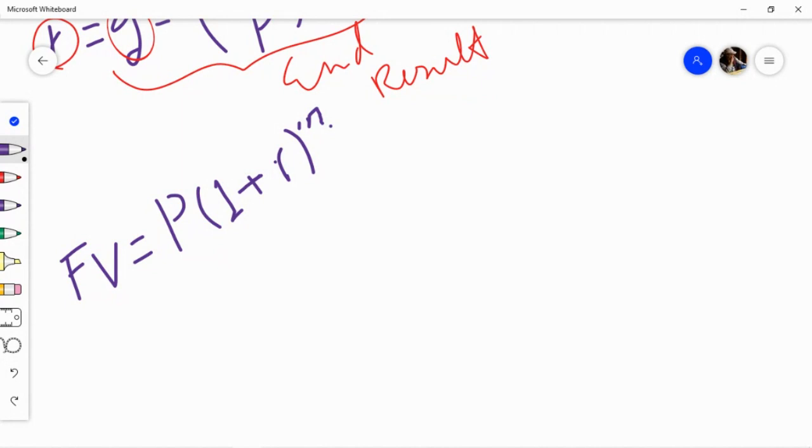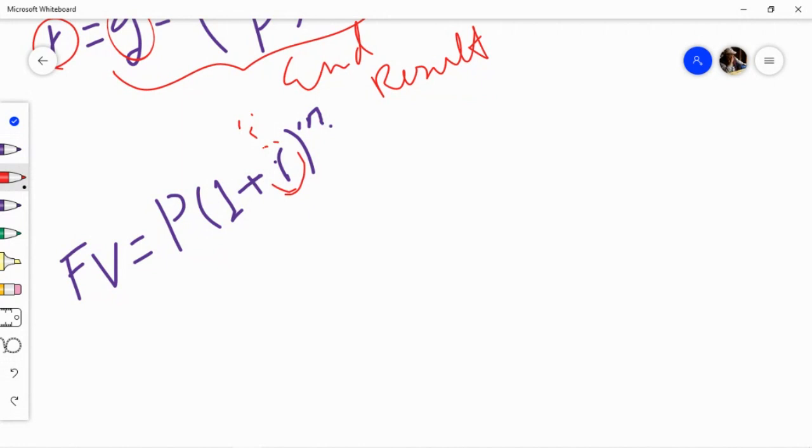Now, our biggest problem is that we need to solve for r, but to solve for r, we should be able to isolate r. But there's no way we can isolate r immediately, right? Why?